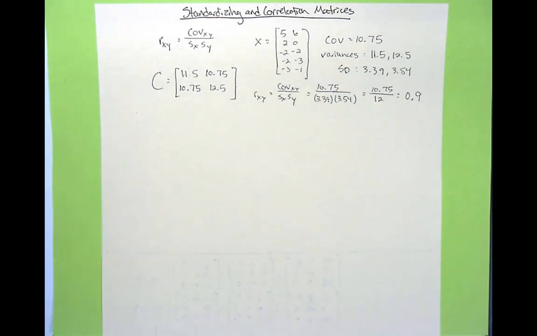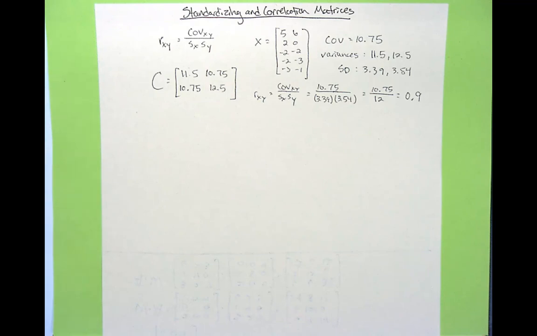Now, using matrix algebra, we need a standardizing matrix. This standardizing matrix is a diagonal matrix of reciprocals of the standard deviations, and we'll call that matrix E, and we'll get to that in just a second.